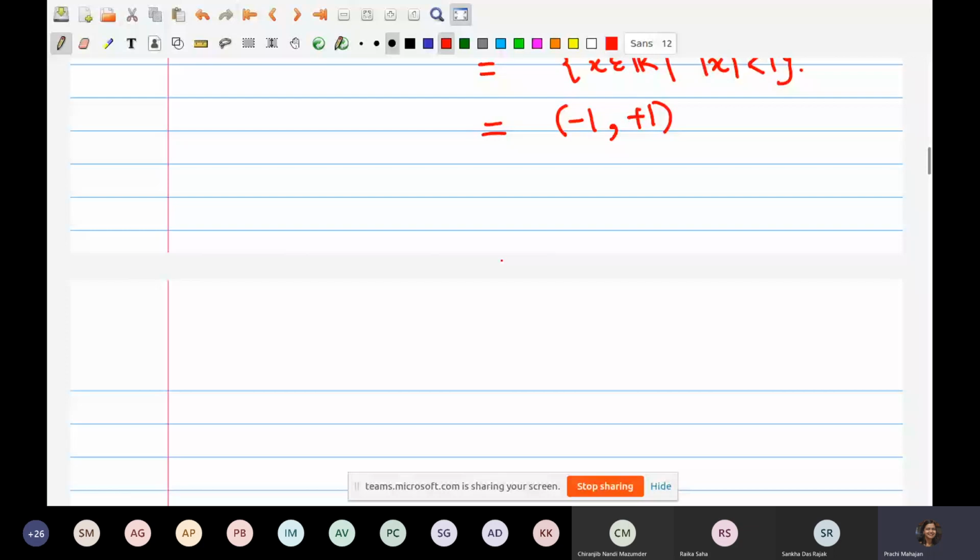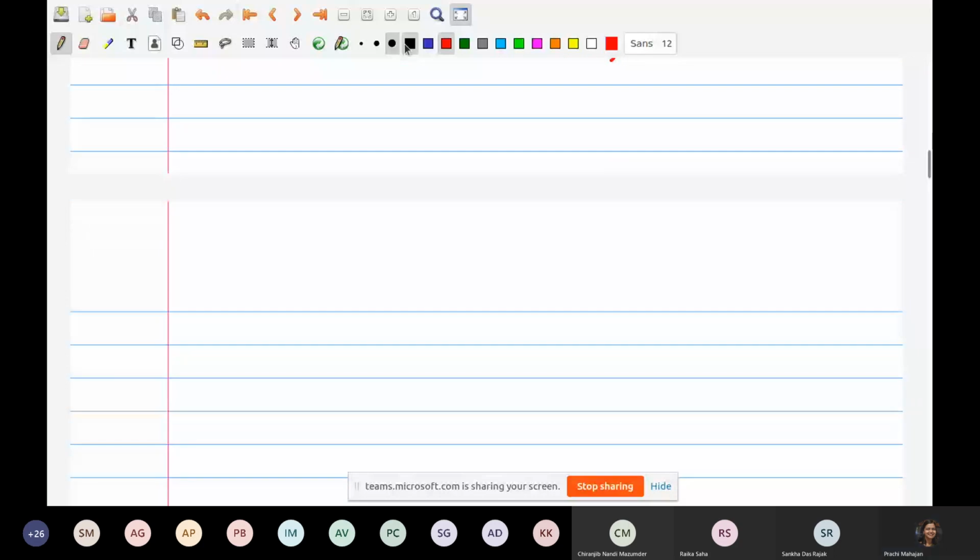So recall. I will not write again that (X, d) is a metric space. We are working under the assumption that (X, d) is a metric space.